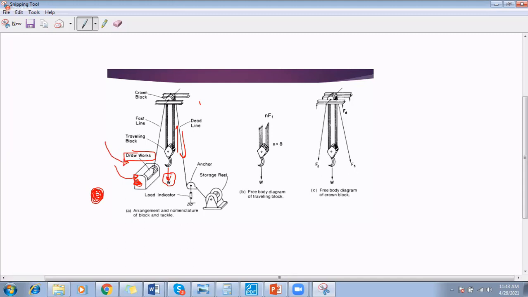So from here you can conclude that the input power is given at the drawworks, and the output power is present on the traveling block. So if you take the product of this FF into VF, where VF is the velocity of the fast line, then that will be the input power.